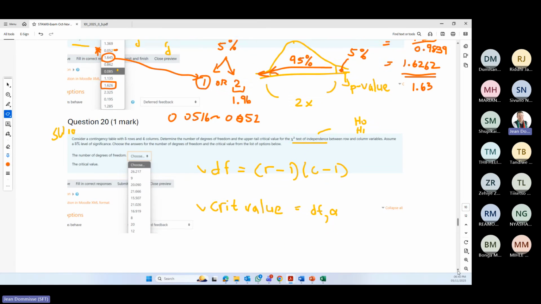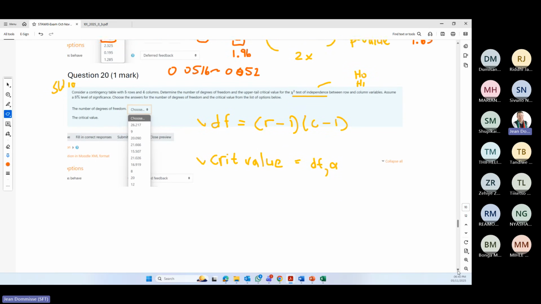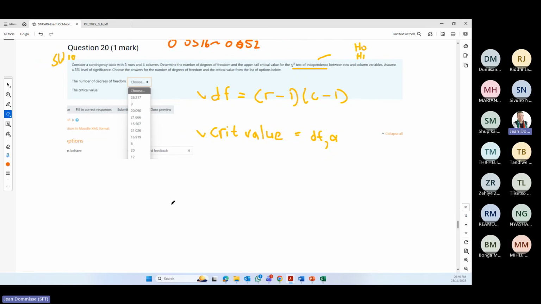Okay, yeah, question 20 was also one that normally they would just ask you to work out the critical value, because in the critical value, you in any case need to work out the degrees of freedom. So chi-square, contingency table, 5 rows.